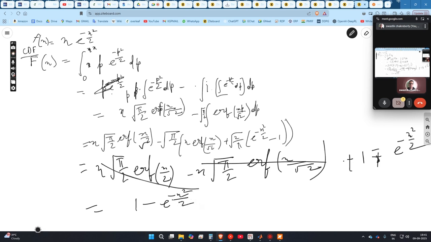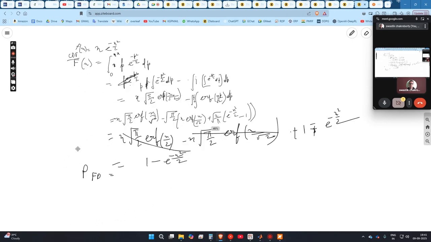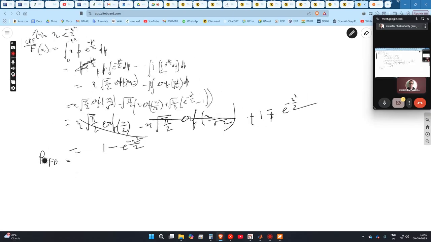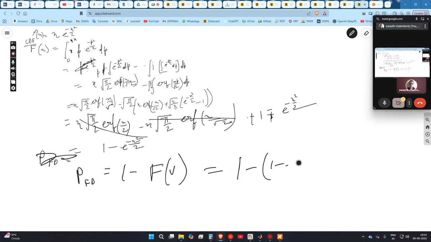So our probability of false detection, PFD, was given to be 1 minus F of v. So it is 1 minus 1 minus e to the power minus v square by 2, so it is e to the power minus v square by 2. And this is given to be 10 to the power minus 4.